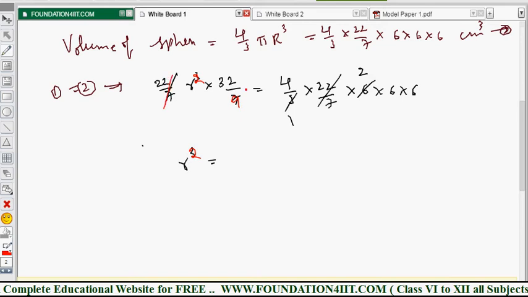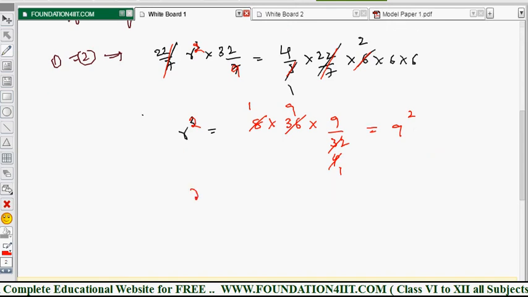So 22/7, 22/7 get cancelled. Again here 3 ones are 3, twos are 6. And now r square equals 4 into 2 is 8, 6 into 6 is 36, into 9/32. So 8 ones are 8, 4s are 4, ones are 4 nines. Yes, this is 9 square. So r square is 9 square, then r equals 9 centimeters.